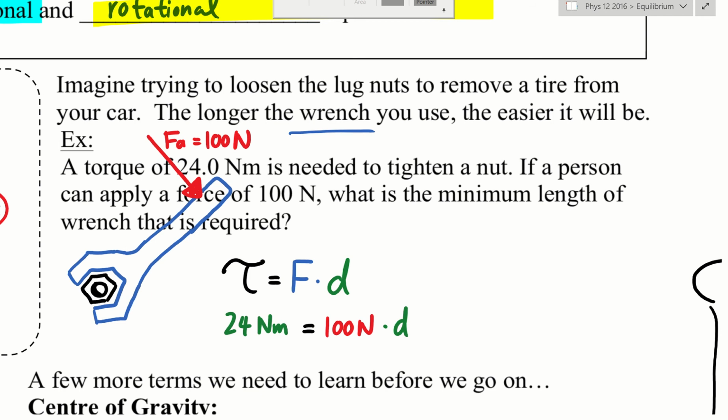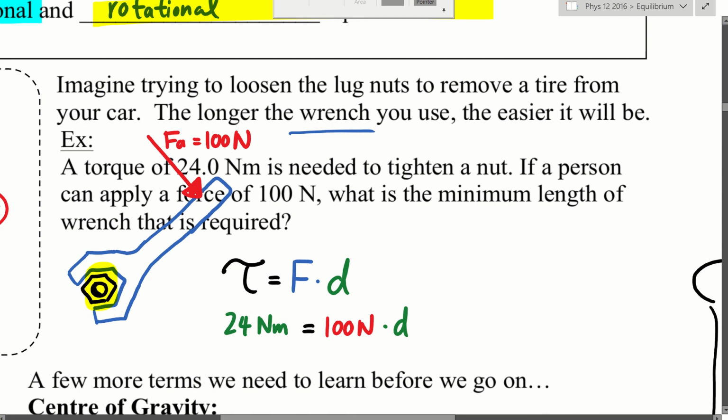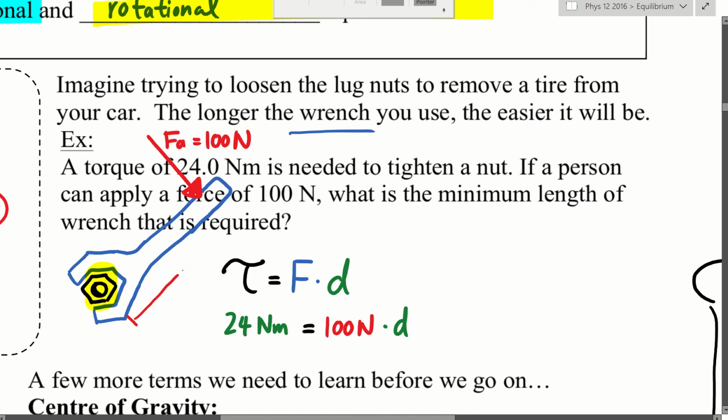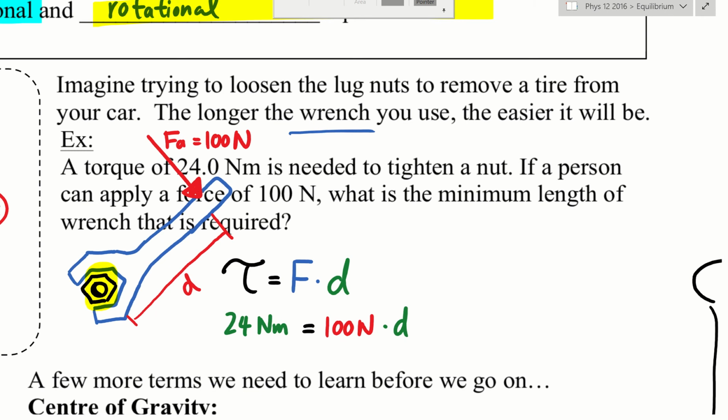So the stronger the force, the bigger the torque. The longer the distance from the pivot, the bigger the torque. Where's the pivot in this situation? The middle of the nut. That's the pivot, right? So the distance, when they say distance in here, is the distance measured between the pivot point and the point where you actually apply the pressure. That is the distance, right?